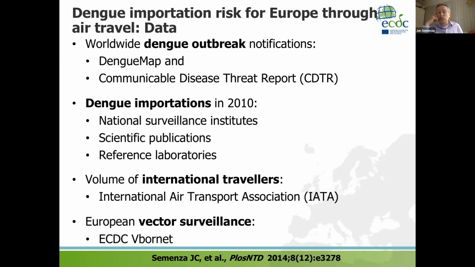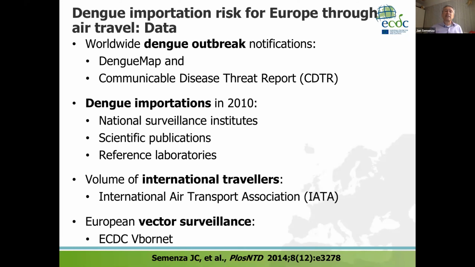And we used data from the International Air Transportation Association, or IATA, as I mentioned, to get a handle on the volume of international travelers. And then the presence of the Asian tiger mosquito, using vector surveillance data that we conduct here at the CDC, but also at EFSA as part of the VectorNet project.